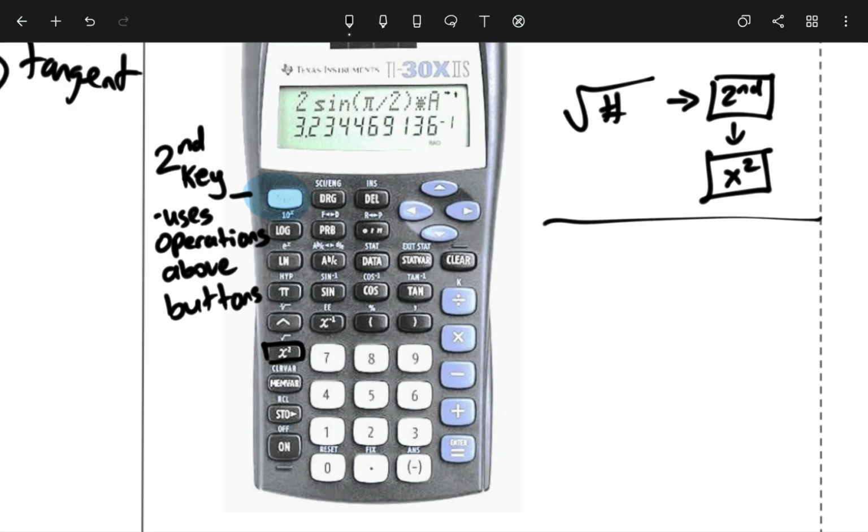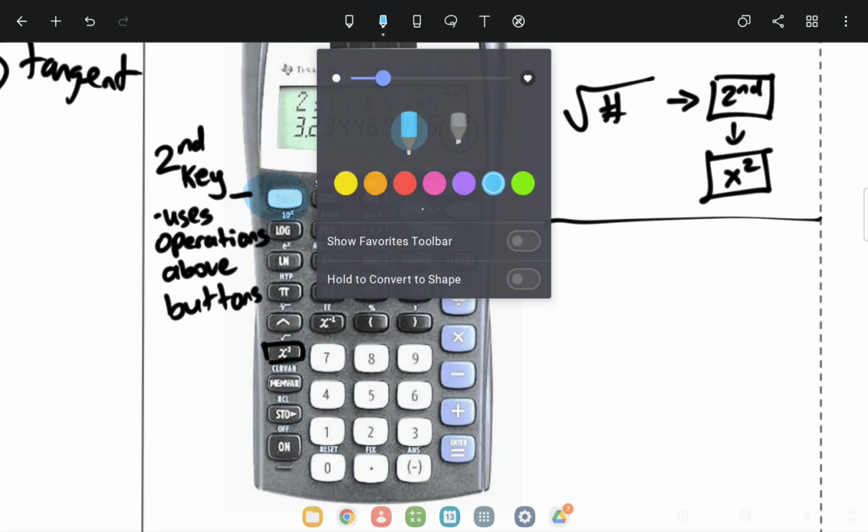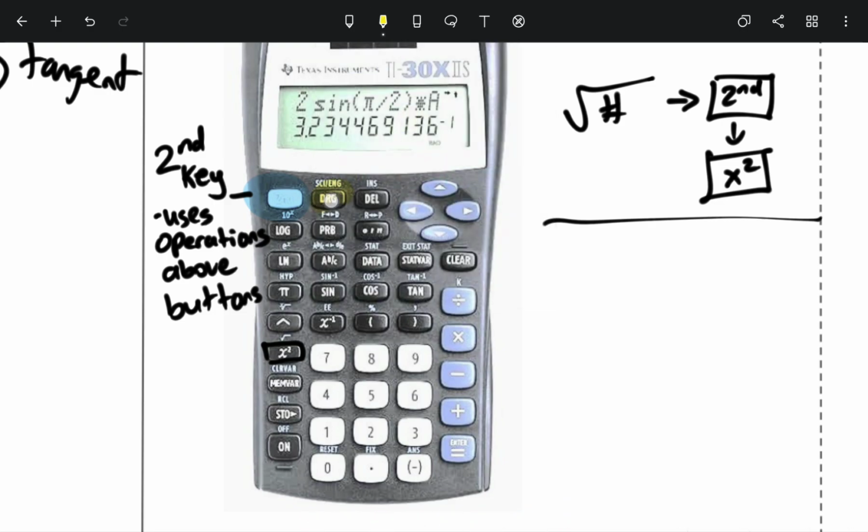When you're working with a calculator, you need to use this key right here that I am highlighting in yellow to make sure your calculator is in degrees mode.